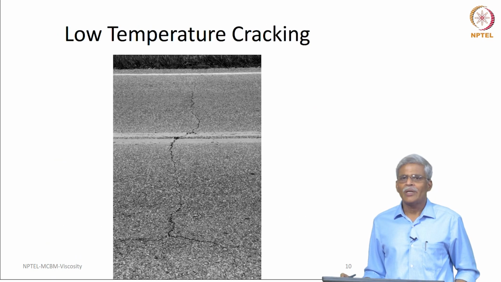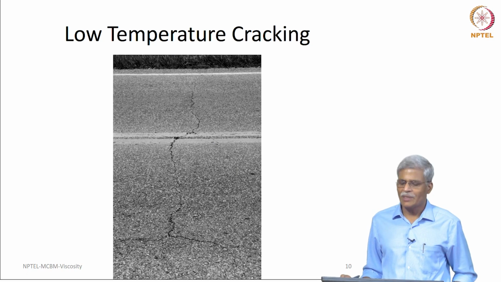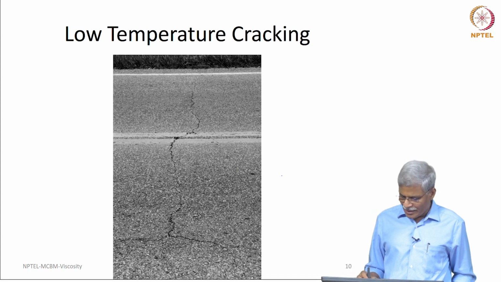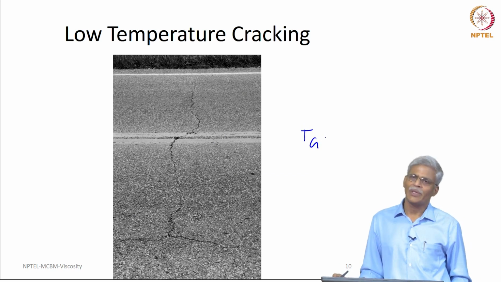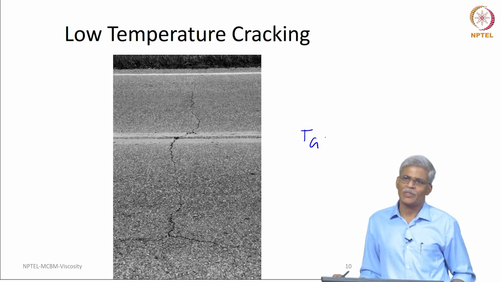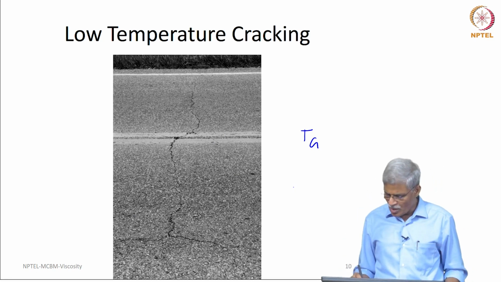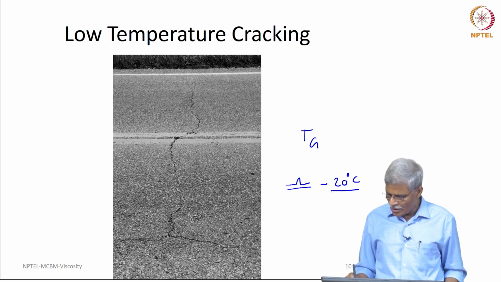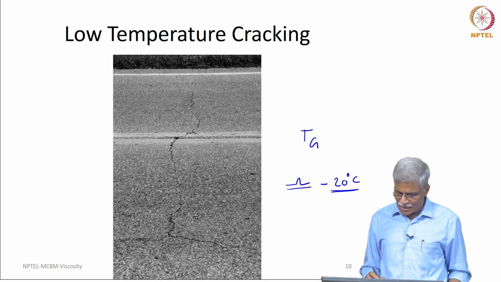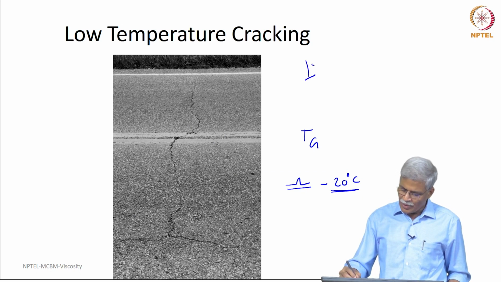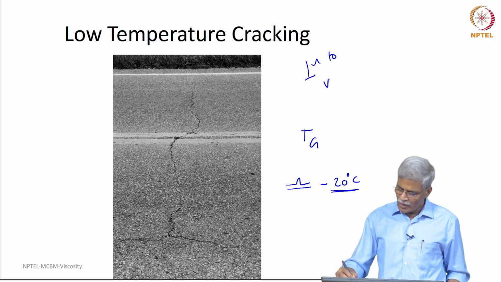Okay. Now, let us talk about low temperature cracking. Low temperature cracking in fact has something to do with the glass transition temperature. So, if the temperature at a specific location goes below the glass transition temperature of bitumen, approximately minus 20 degrees centigrade, you are going to see this crack, and these cracks are perpendicular to vehicle travel.